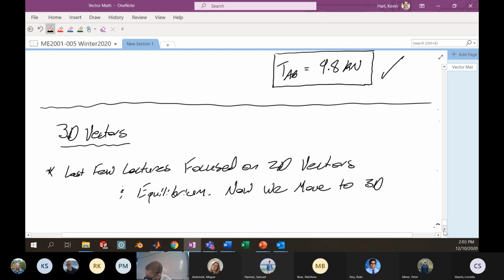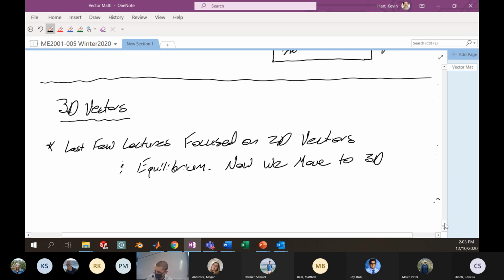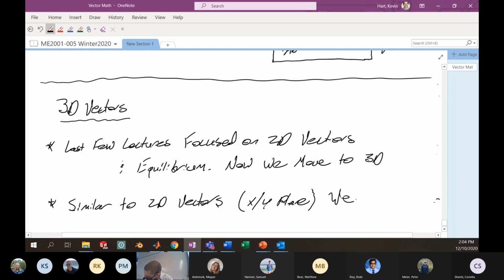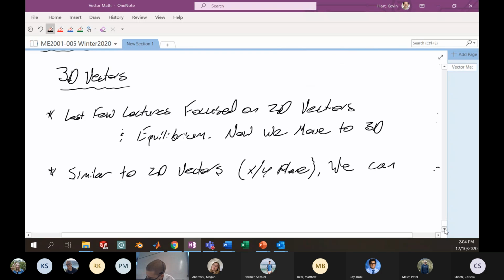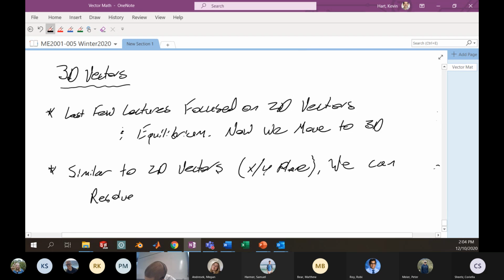Okay, and just like how we resolved vectors in 2 dimensions into typical Cartesian coordinates, we can do the same in 3D. And so similar to 2D vectors, which are like vectors in the x, y plane, we can resolve vectors in 3D into these x, y, and z directions.